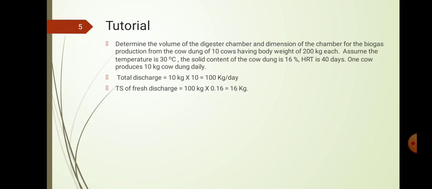Another important thing is that in biogas digestion, the optimum concentration of solid content should be 8%, not 16%. So we have to add water. Before putting this cow dung into the digester, we have to mix it with water to make it 8%, because normally in a digester 8% is the most suitable solid content percentage.